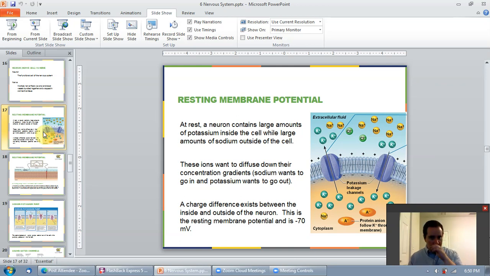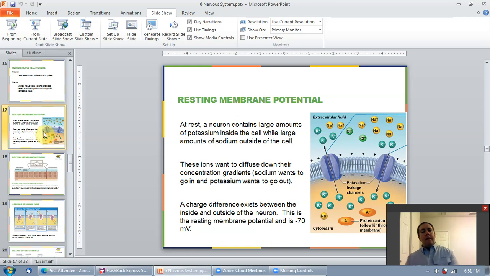Okay. So we talked about what the nervous system is. We talked about what a neuron looks like, what its parts are, what the different nerves and other neuroglia cells in the nervous system are. The rest of our time, for the most part, is going to be spent on learning how neurons work.